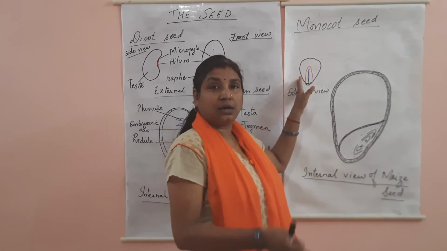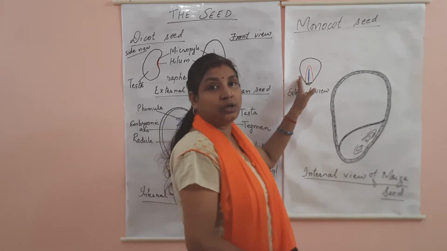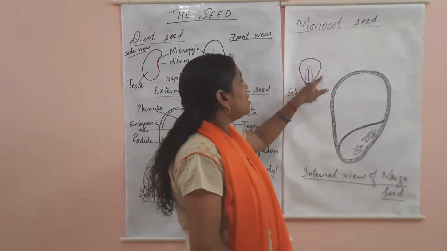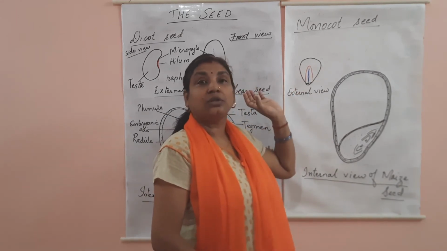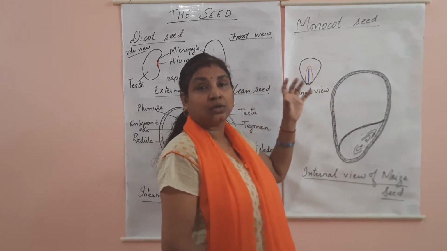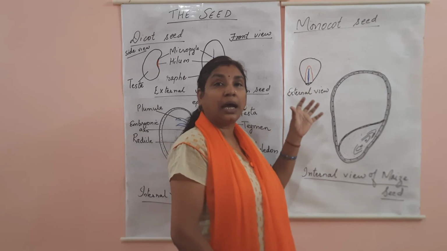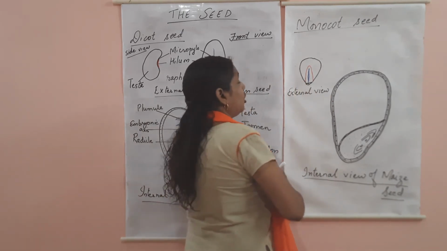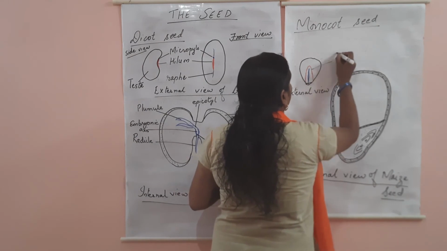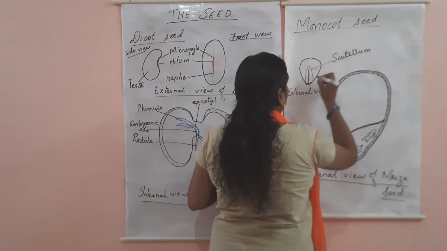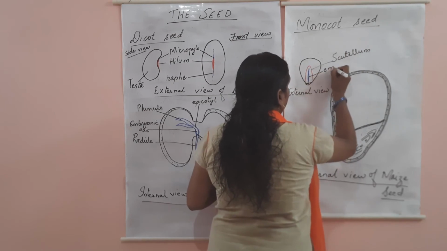It is very clear on the other side of the maize seed. One side is completely yellow in color, and on the other side you will see half the area is covered with a white patch. That patch encloses your cotyledon and embryo. Your cotyledon is known as scutellum, and this is the embryo.